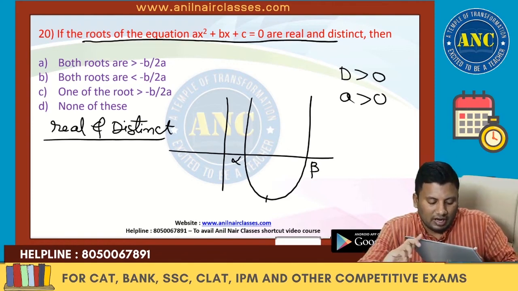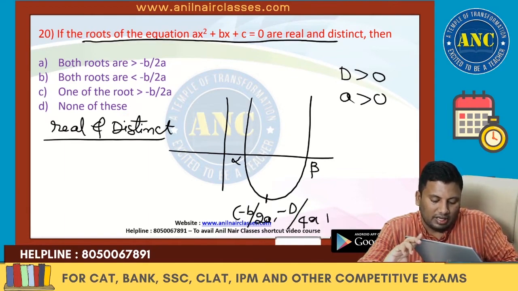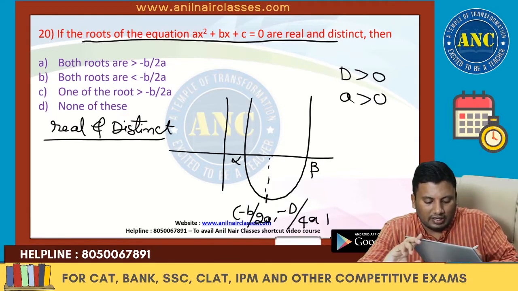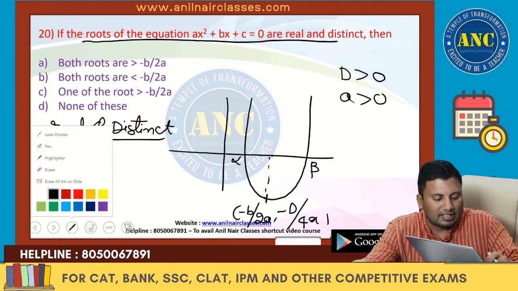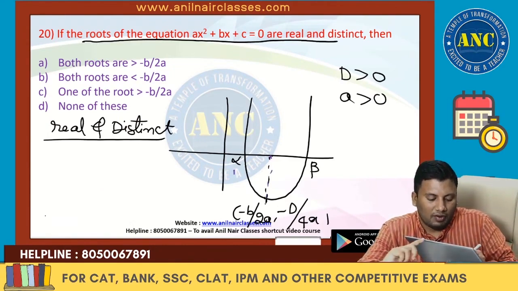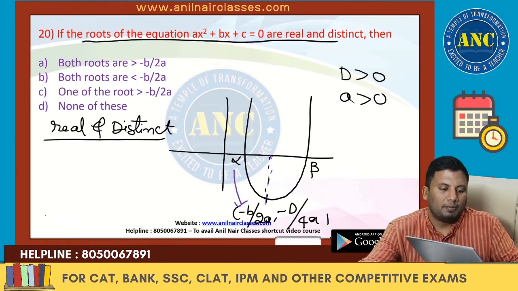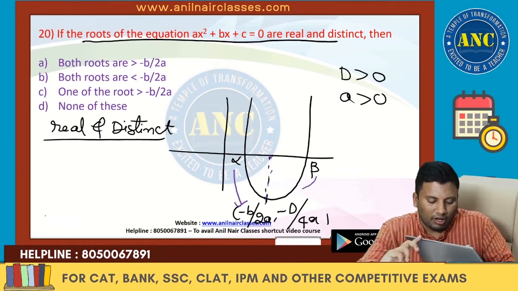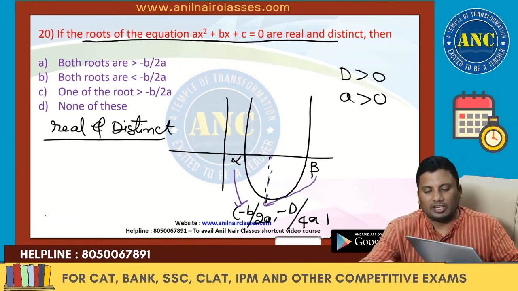Now if you see, this is the minimum value, which is minus b by 2a, and it is minus d by 4a. One root is less than minus b by 2a. One root is greater than minus b by 2a.